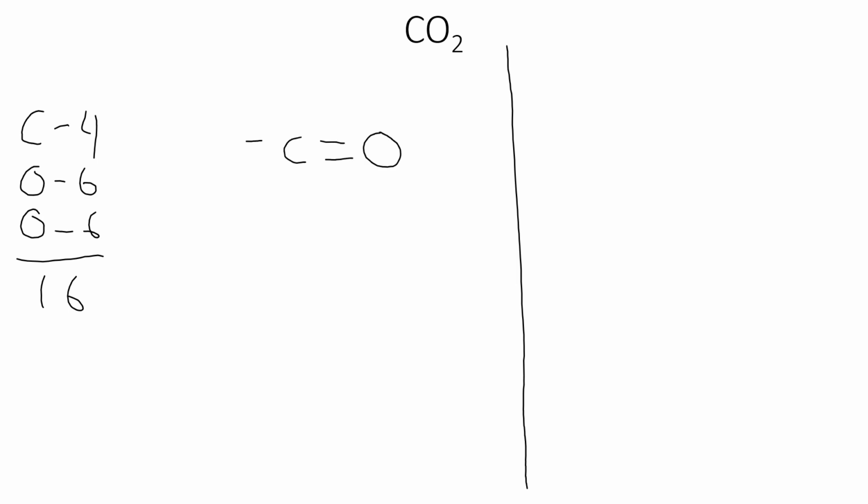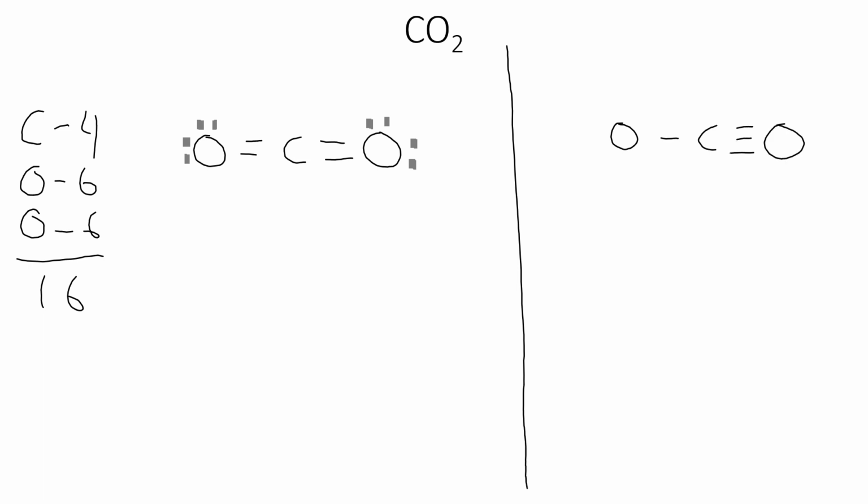So one possibility would be what I'm writing here on the left. You could have a structure that looks like this, with 2 double bonds. Or you could have the structure that I'm going to show on the right, where you have 1 single bond and 1 triple bond.